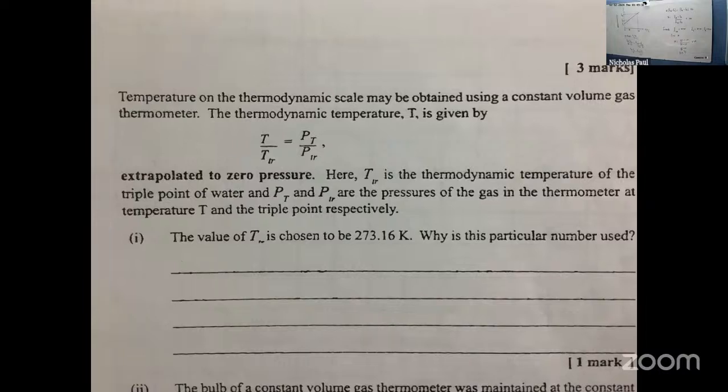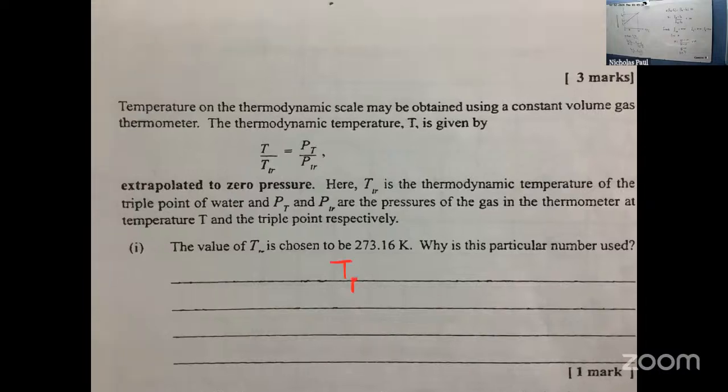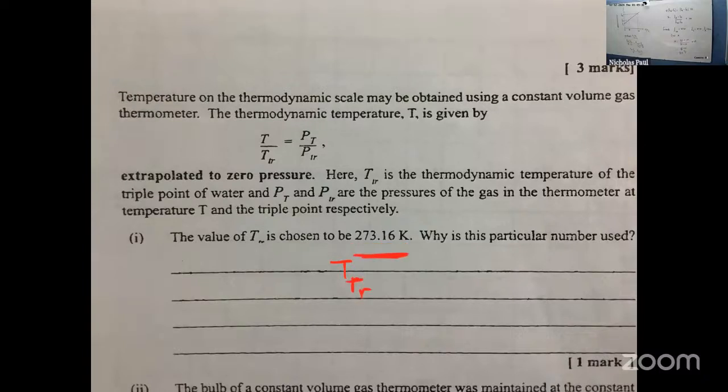Right, that's why. The triple point of water is 273.16. That's why we use it, right? So the reason we use 273.16 is because that is the triple point of water.